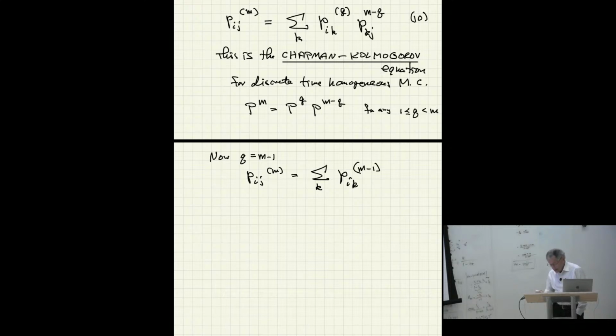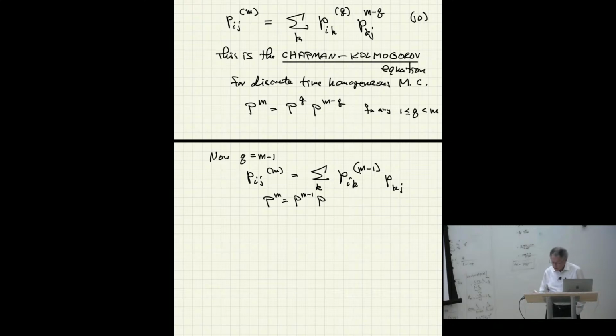And then the last step from k to j doesn't need a superscript. There's an implied superscript of 1 step. Or if you will, P to the m equals P to the m minus 1 times P.